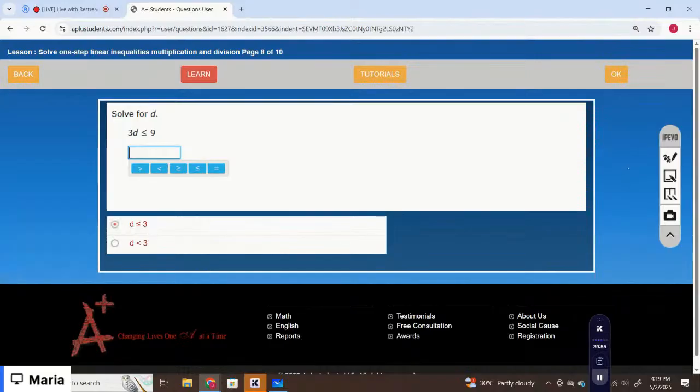That is D is less than or equal to 3. Option number 2 is the correct option.